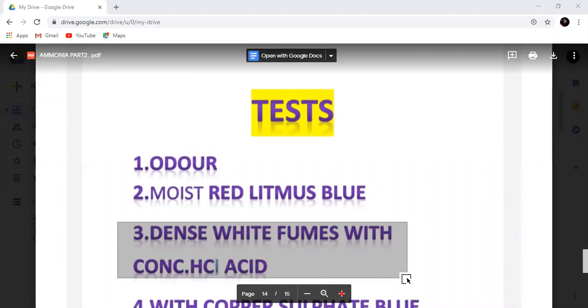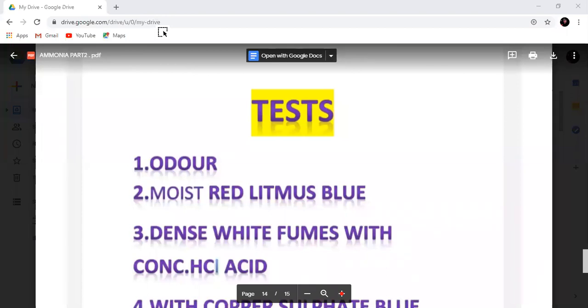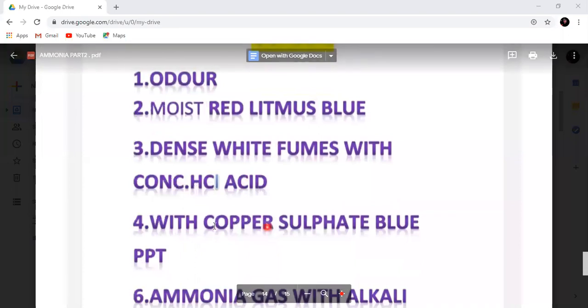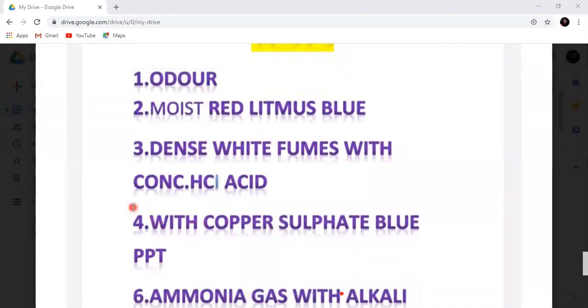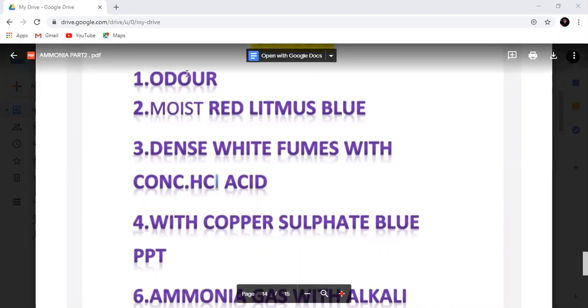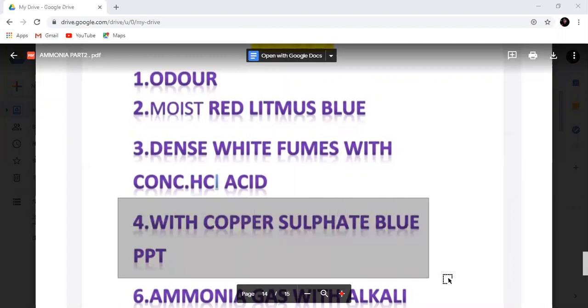Here, ammonia when treated with HCl forms ammonium chloride. That ammonium chloride gives the dense white fumes. Next test which can be used for testing ammonia is copper sulfate, as we have studied in the catalytic oxidation also.